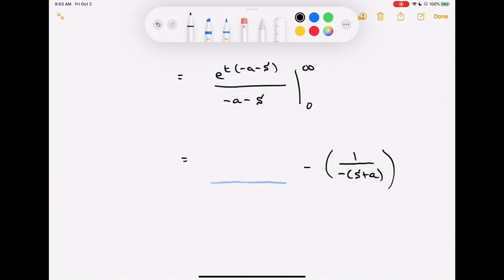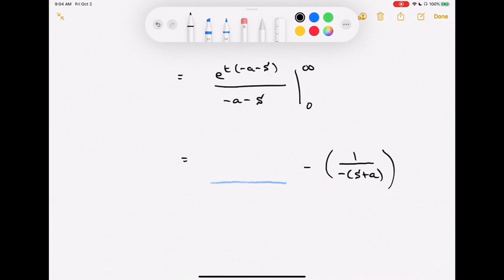So the second term, which arises from the lower limit of integration, is going to be 1 over s plus a. The other one is a little more problematic. I get an e to the infinity times something, divided by the constant minus a minus s. The thing I'm trying to figure out is how to deal with that e to the infinity. It really has a couple of options: it can grow without bound and blow up, or it can decay down to 0. And we need it to decay down to 0.